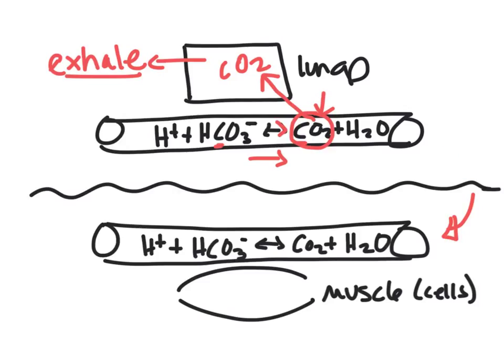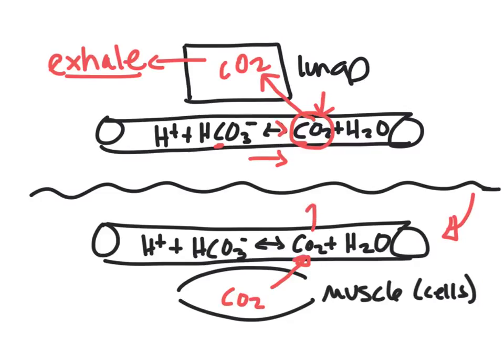But when we start going through the cells, including the muscle cells, the muscle cells are producing CO2, and that CO2 starts to enter the capillary. Remember that the PCO2 in the muscle cells is higher than the PCO2 in this capillary blood coming from the arteries, and so we've got a pressure gradient. CO2 is going to leave the cells, and now we disrupt this equilibrium.